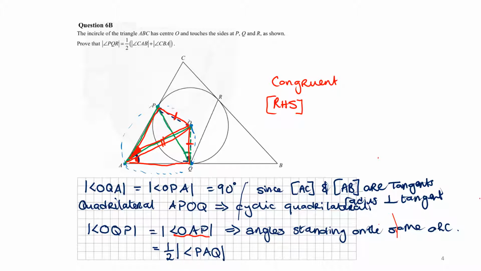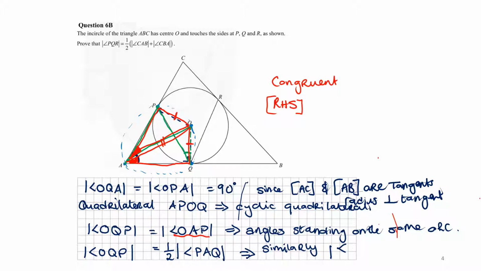So apologies, now just run out of space. So adding that, angle OQP plus angle OQR will equal a half of PAQ plus a half of angle QBR.